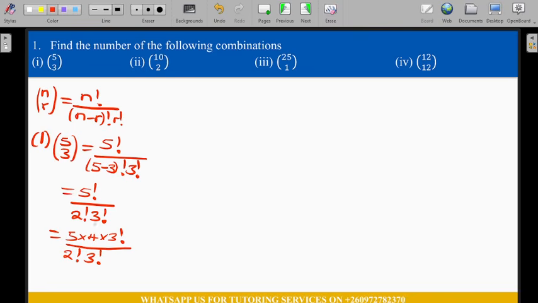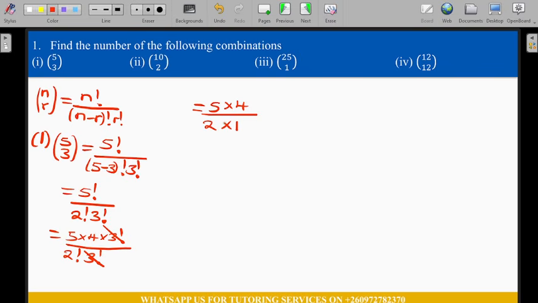Now we can cancel 3 factorial and 3 factorial, so we remain with 5 times 4 over 2 factorial, which is 2 times 1.